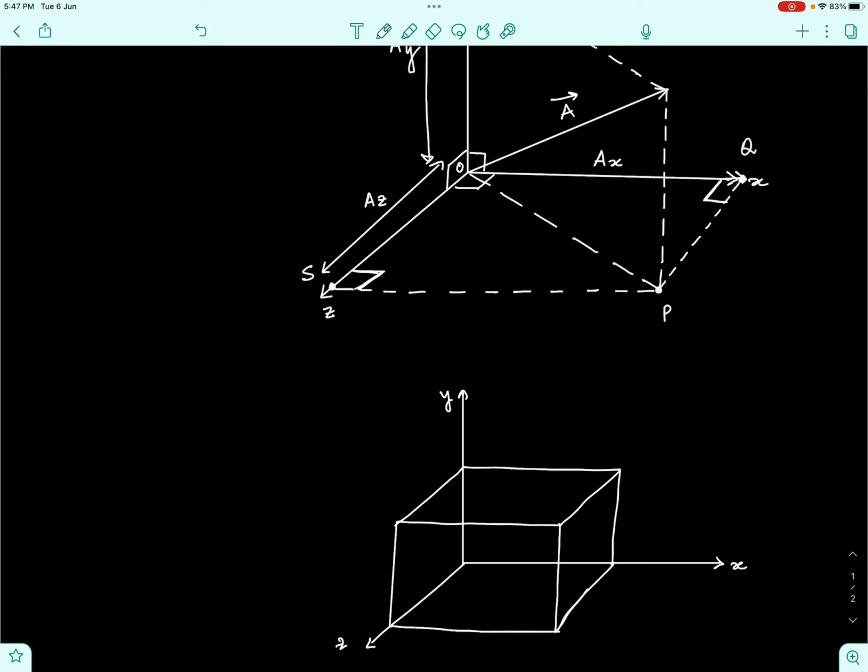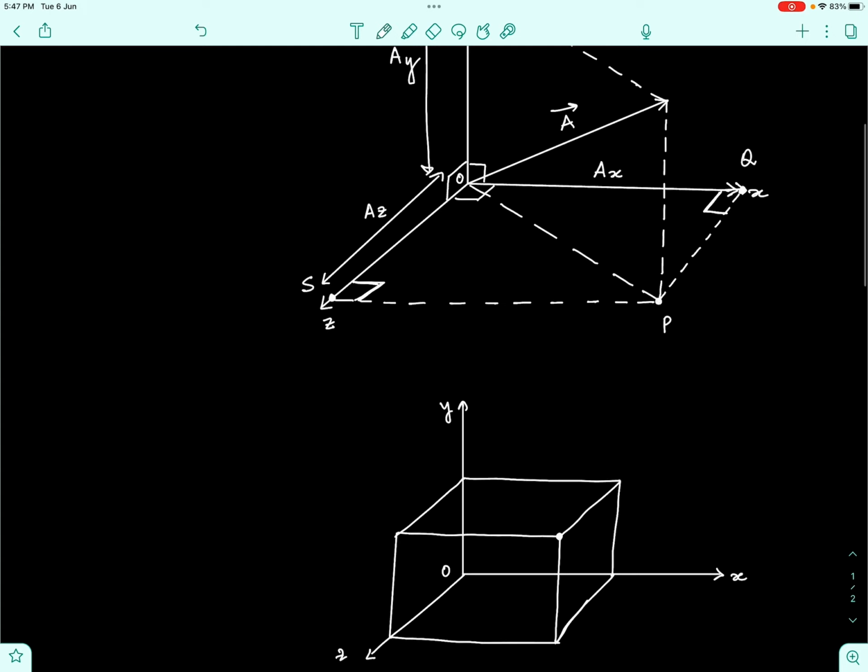For this cuboid, considering the point O as the origin, the diagonally opposite point, the body diagonally opposite point to the point O, is the point which corresponds to the tip of the vector A. So, if I join these two points, this is our vector A.